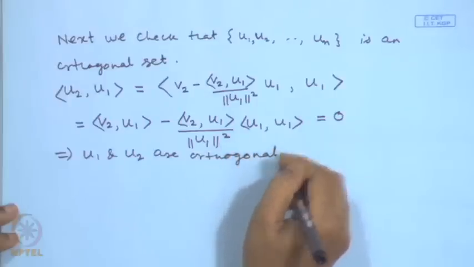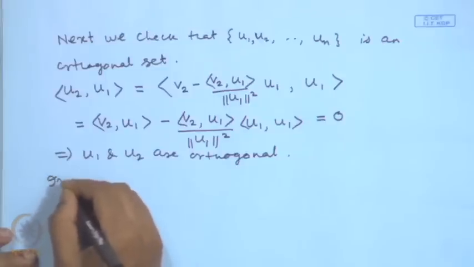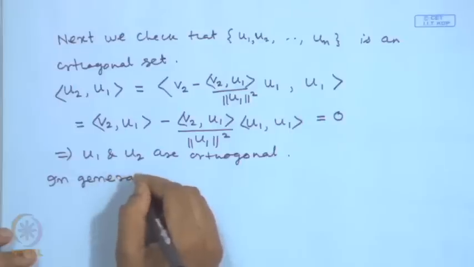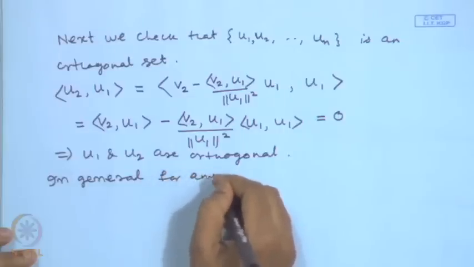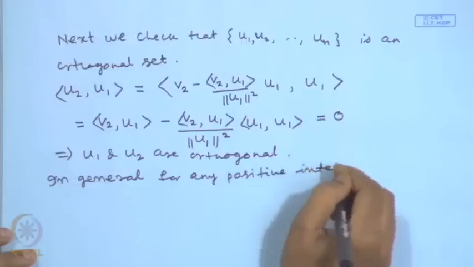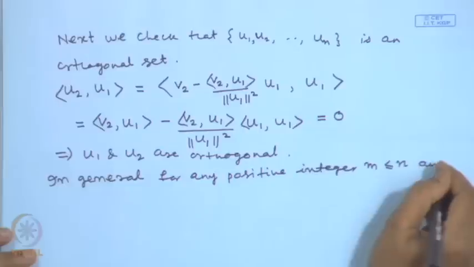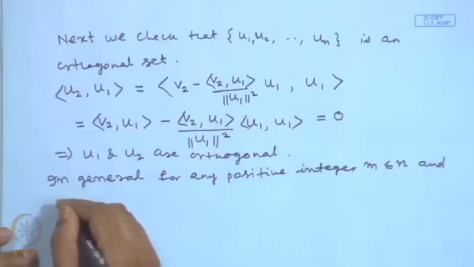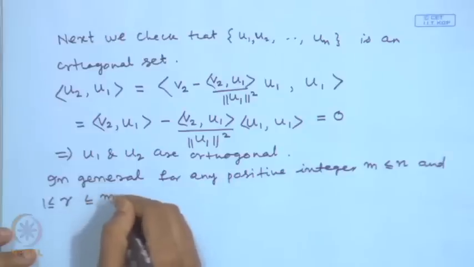In general, we can verify this for any positive integer m less than or equal to n, and r greater than or equal to 1 and less than or equal to m.